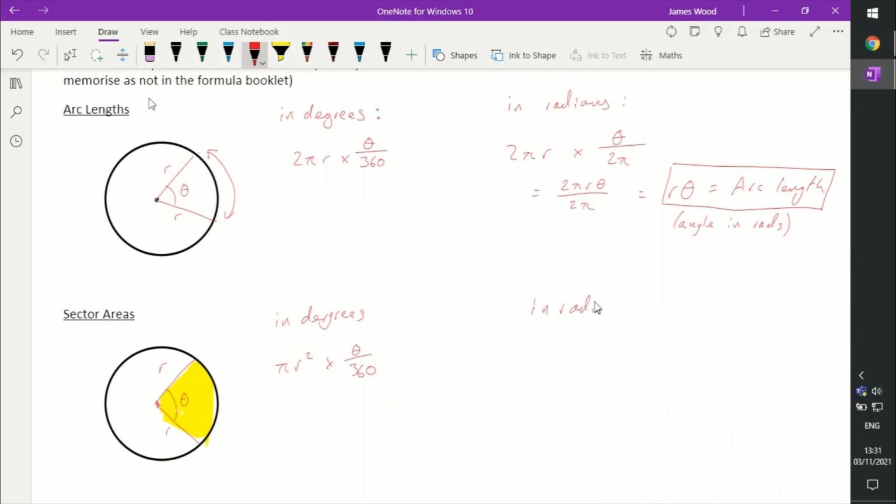In radians, we're going to have pi r squared times theta over 2 pi, which I can simplify to pi r squared theta over 2 pi, and you can see the pi's cancel out. So I'm left with r squared theta over 2, or you could write that as half r squared theta. And this is your sector area, if your theta is in radians.